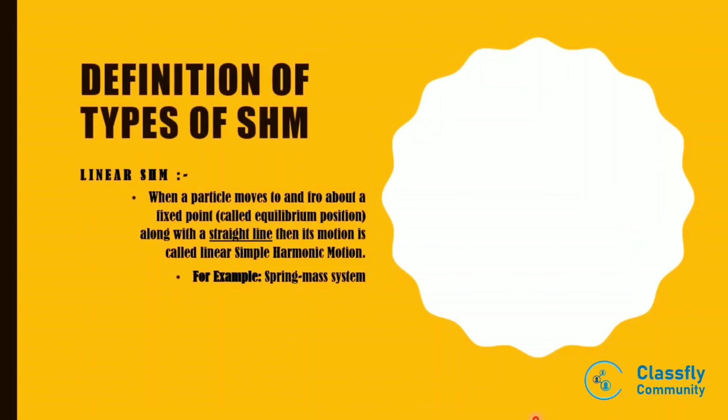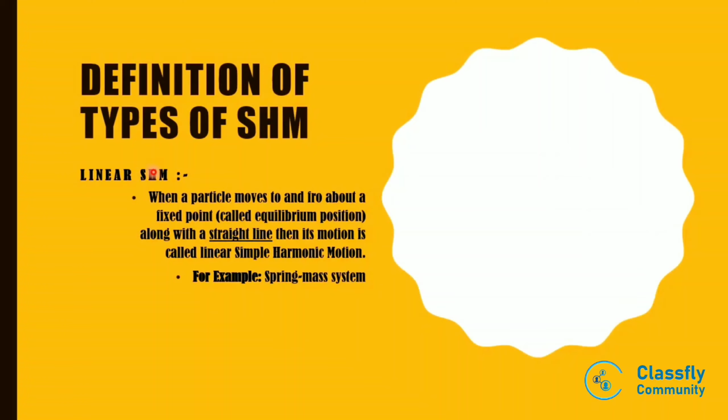The first is linear SHM. You have seen the pendulum, right? It is going to and fro. But linear SHM means when you are walking in a straight line, moving forward a certain distance and again coming back, then moving backward and again returning to the position, because there is no change in your angle. You are going in a straight line.